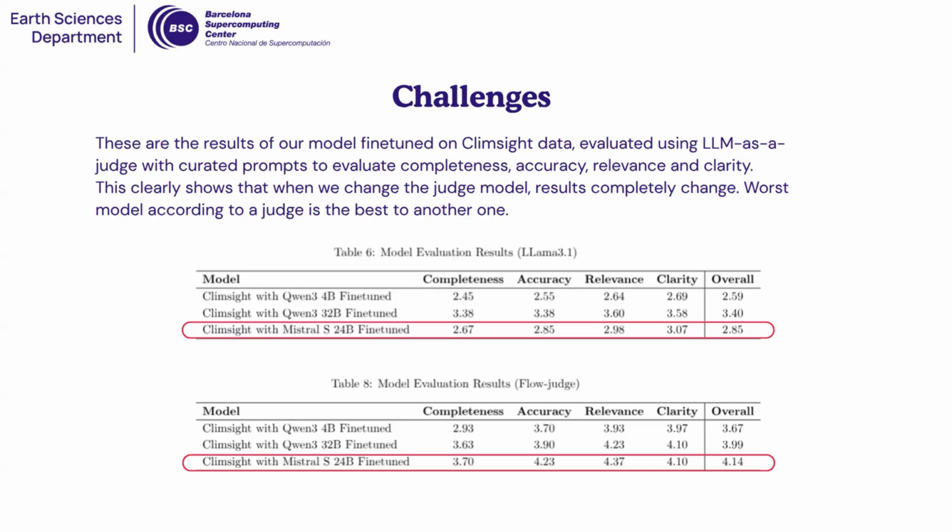So with this, we proved that the LLM as a judge is highly model dependent. And we changed the prompts as well, and it showed different results. Clearly, we cannot rely on this tool to declare the winner model.